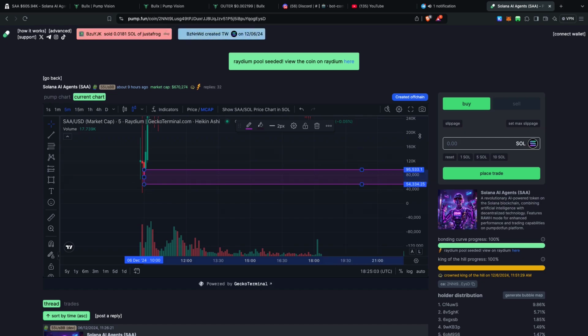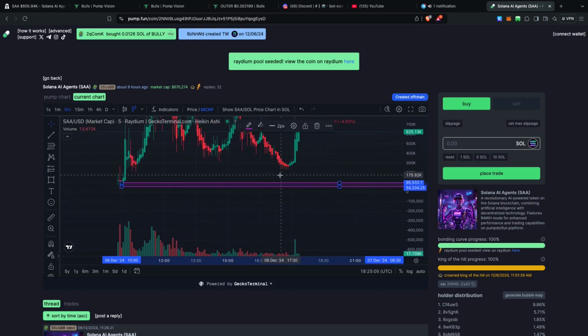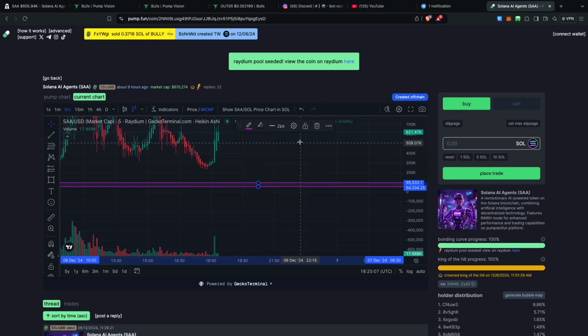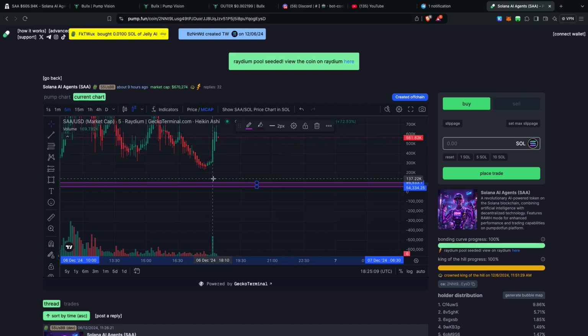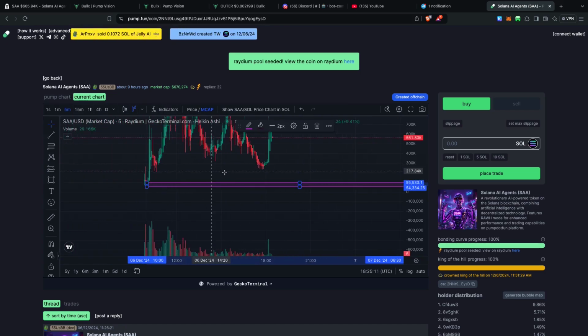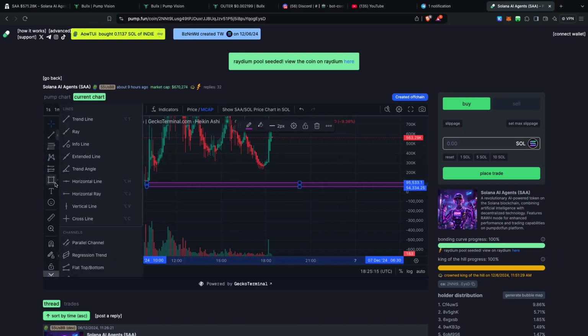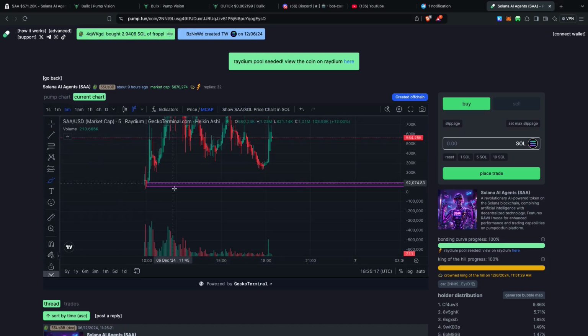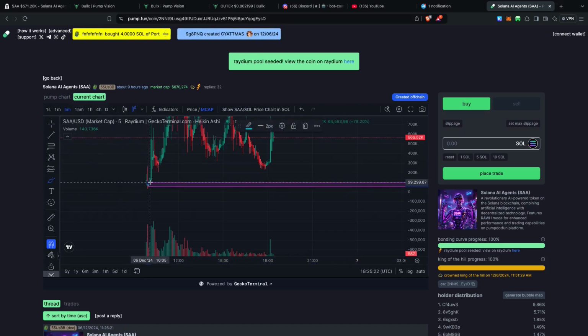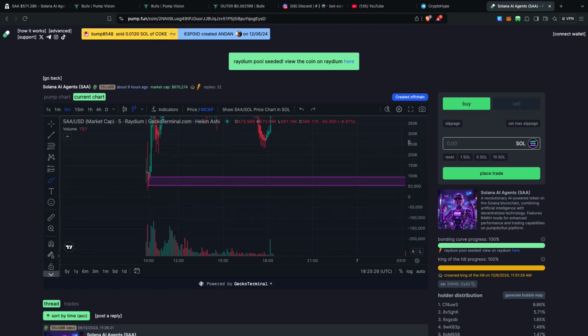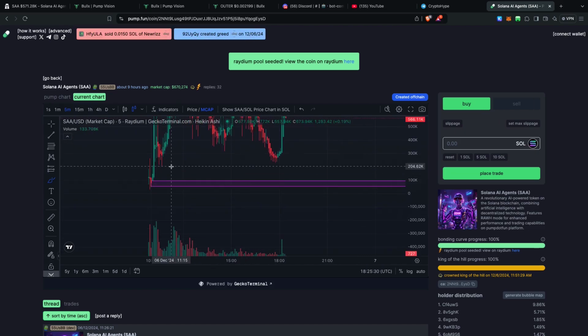So after all has been said and done, if this price of Solana AI agent comes back down to these extremely low levels, we know that there's going to be a reaction here, because there is an order block right over here. This order block is very, very important. This is obviously an extreme scenario and narrative. Okay, so now let's go to the next order block.